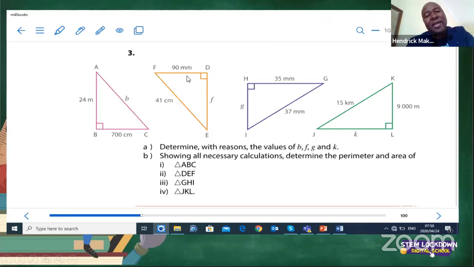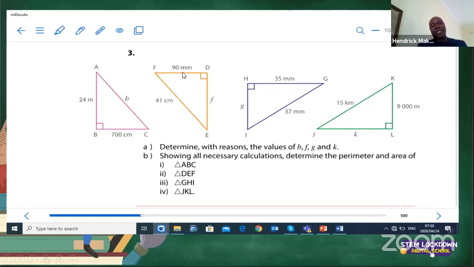But then again, you can see that the side FD is given in millimeters, whereas the side FE is given in centimeters. So you can see that FE is equal to 41 centimeters, whereas FD is 90 millimeters.